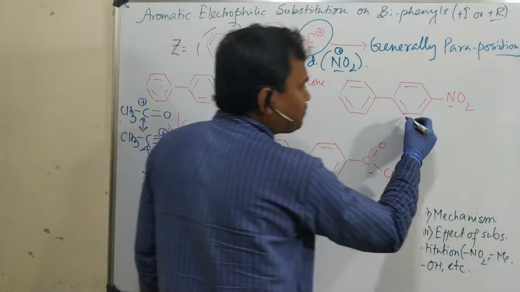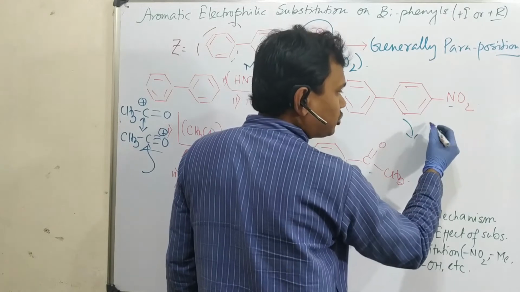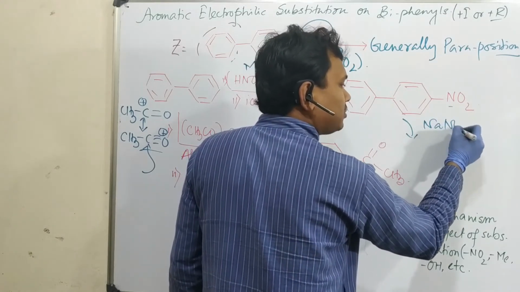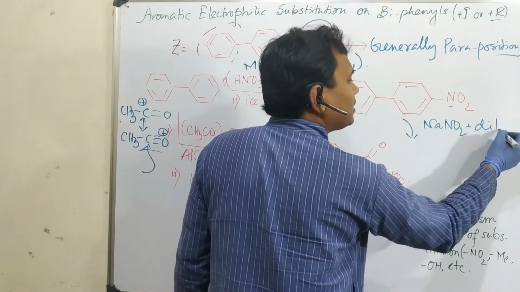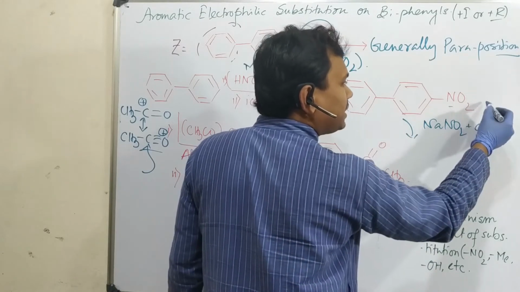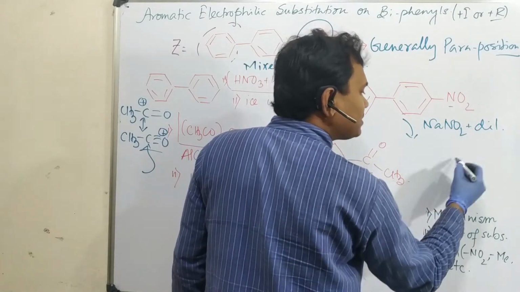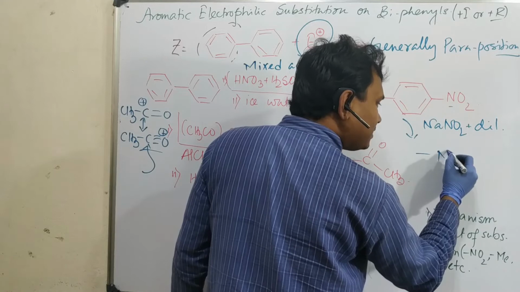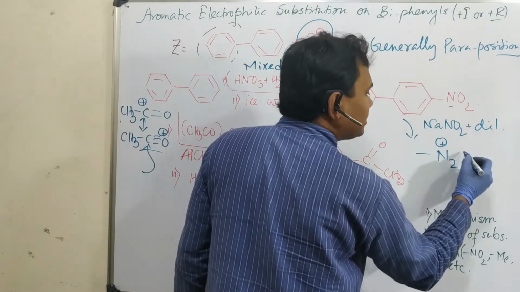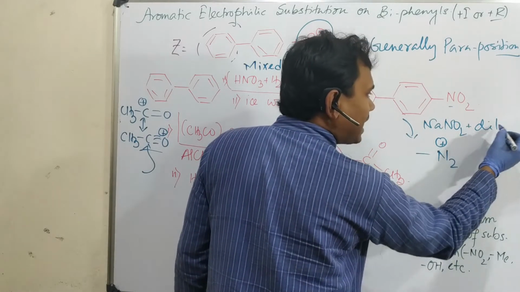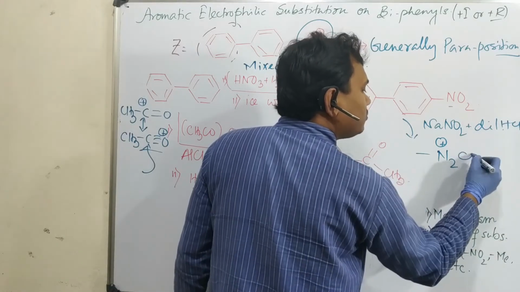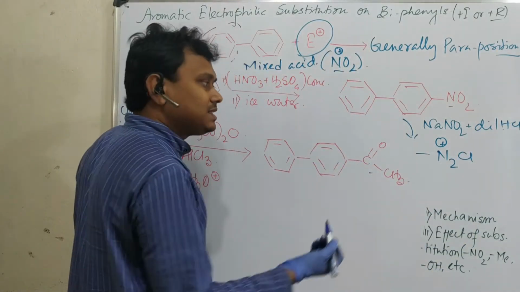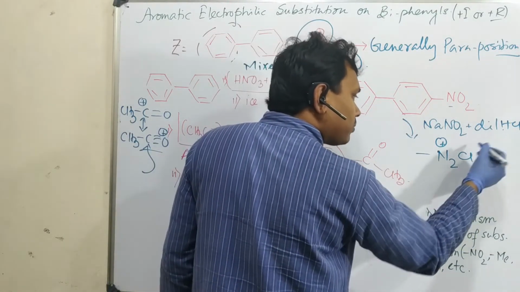For example, if you take this nitro compound and NaNO2 plus dilute HCl, then you will end up with the diazo, means this N2 plus. If you take dilute HCl, then it will be chloro. If you take sulfuric acid, then that is a bisulfate.